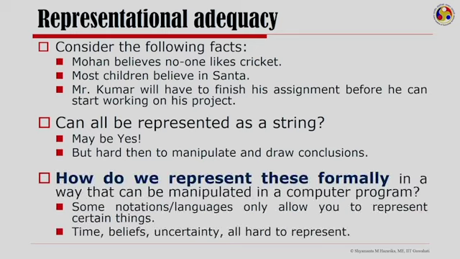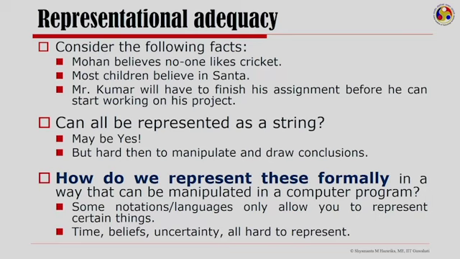So, how do we represent things formally in a way that can be manipulated in a computer program? That is what is answered by the idea of representational adequacy. Some notations or languages only allow you to represent certain things. That is fine, but if it represents, it should be manipulable.